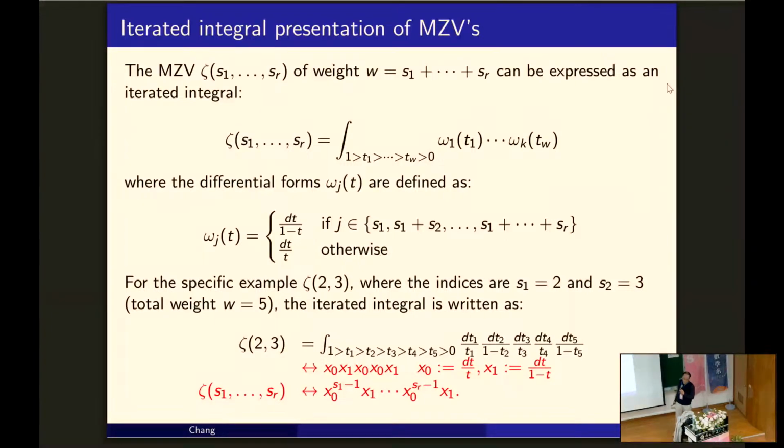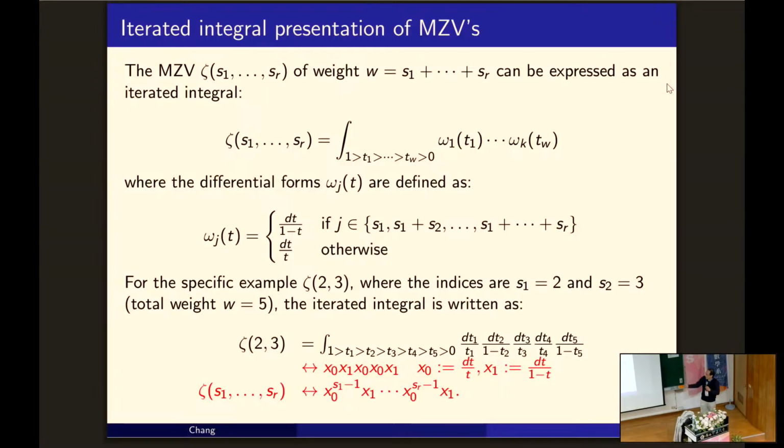Just remember that if we put dt over t as the symbol s0 and dt over 1 minus t as s1, then these differentials correspond to the word s0 raised to s1 minus 1, times s1, and so on, up to s0 raised to sr minus 1, times s1. So zeta(s1,...,sr) corresponds to this kind of word.